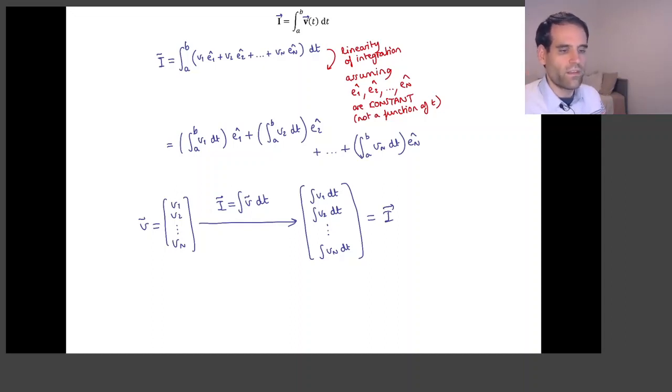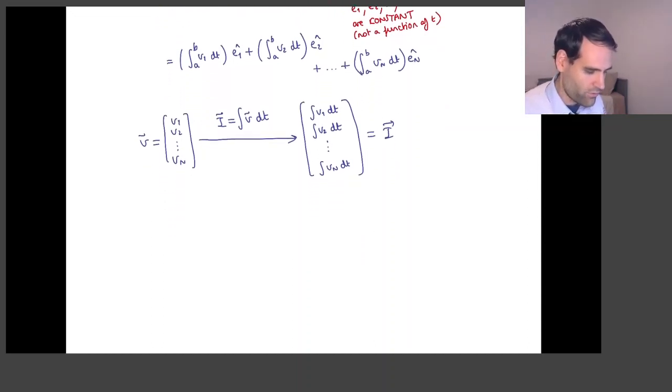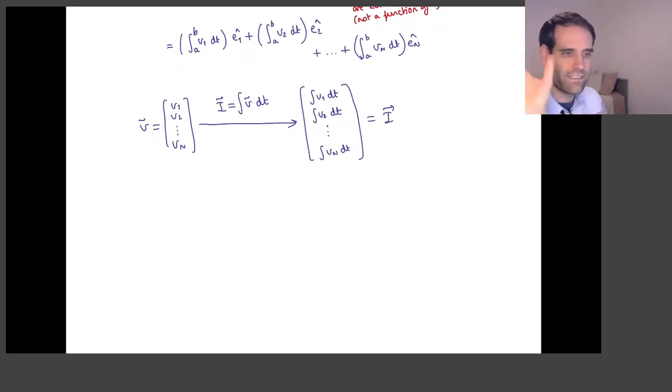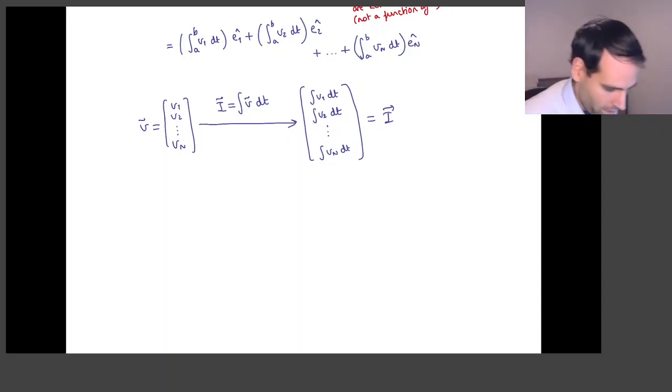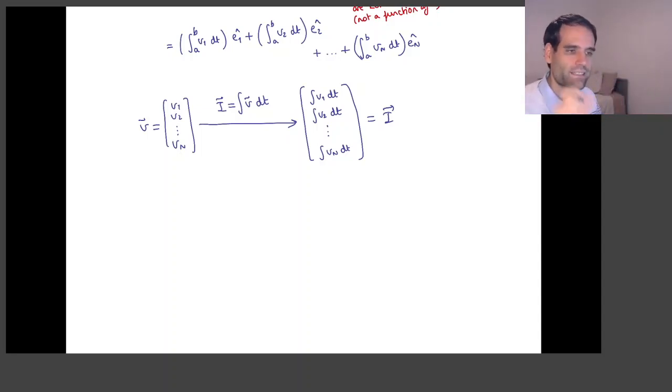Excellent. What is the physical meaning of integrating a vector? I recommend you abandon the idea of integrals being the area, because then it becomes almost impossible to understand, because here we have a vector, so the area under what exactly? It's very tricky, right? It's much better to think of the integral as an addition of little elements.